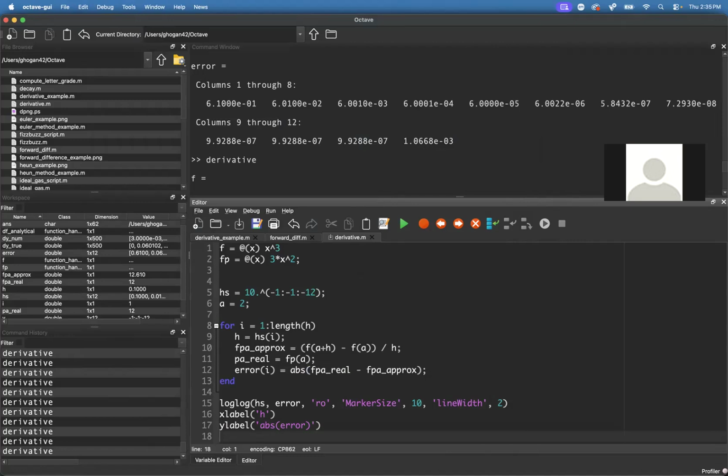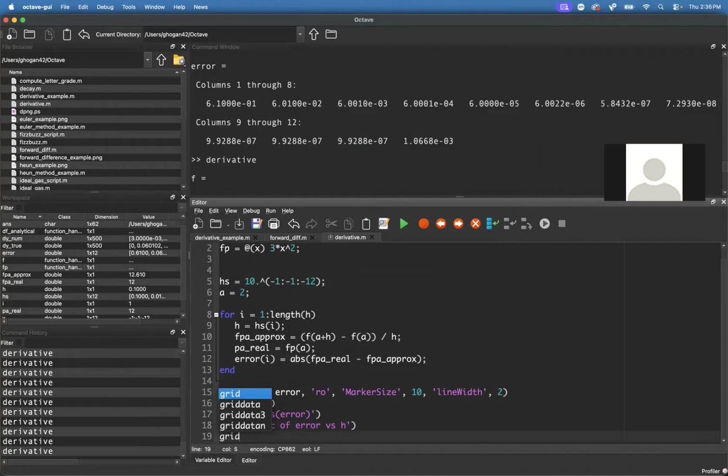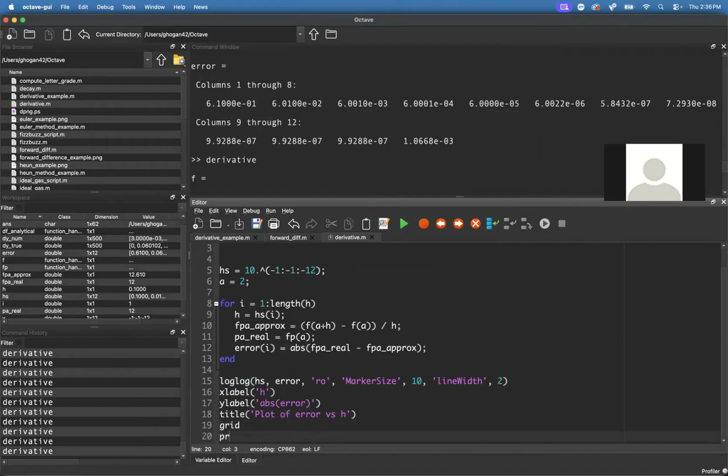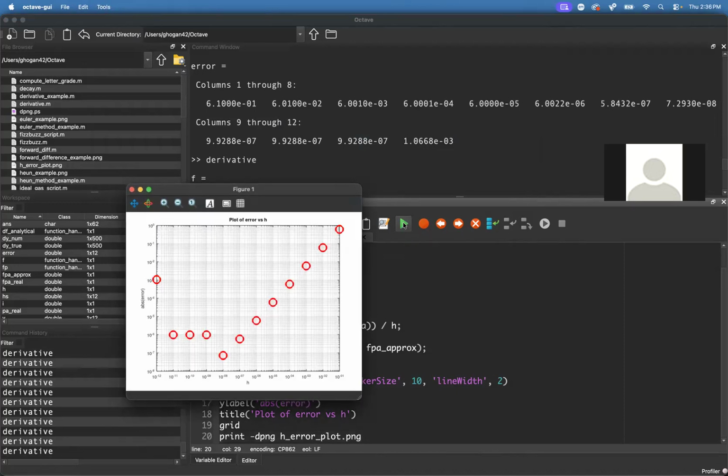And then give it a title, plot of error versus H. And then we could put a grid on it, and then maybe we'll save it. So we'll do print -dpng, and we'll just call this herror_plot.png. All right, so let's save that. Let's run it. Hopefully our plot will be a little nicer looking.